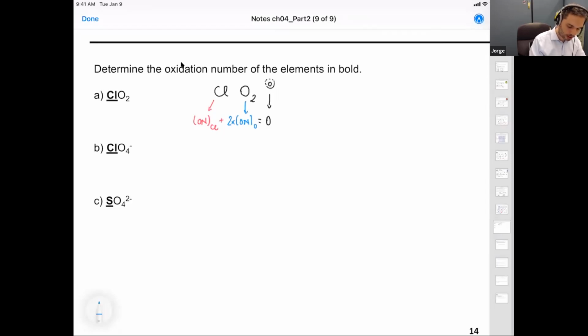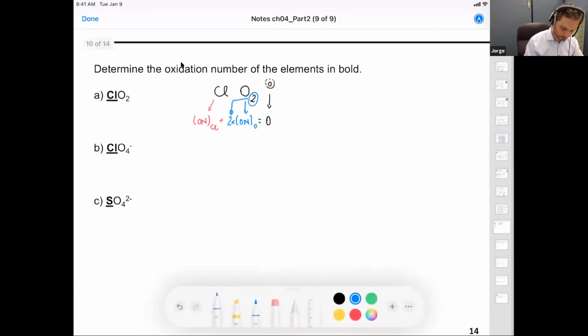Remember that because we have 2 atoms of oxygen, you have to multiply the oxidation number by 2. Do not forget about that. We don't know the oxidation number of chlorine. So that's what we want to find.